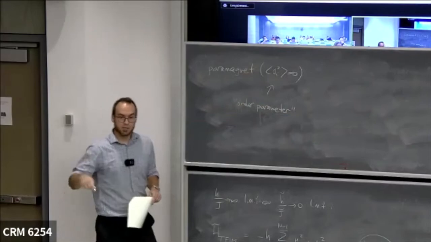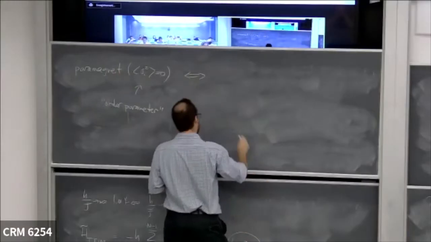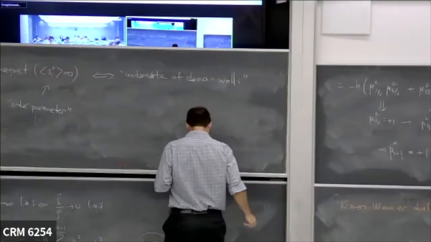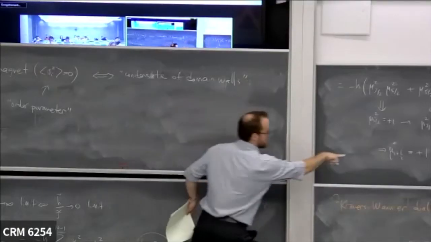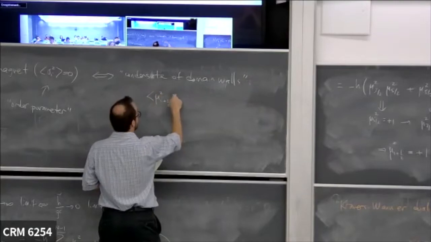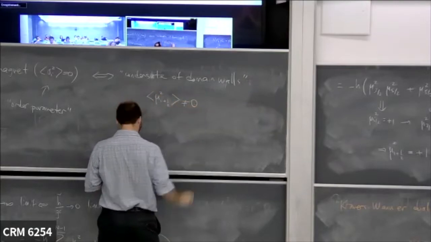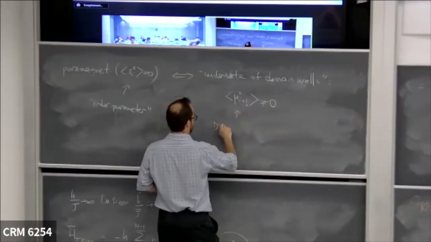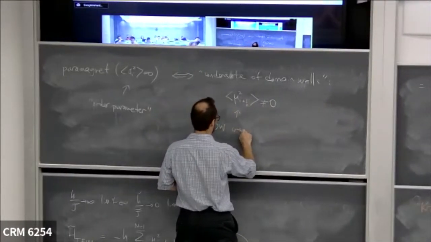Now this is dual to what we typically call a condensate of domain walls, where this mu plus a half is non-zero. Remember that this mu z was a domain wall creation operator.